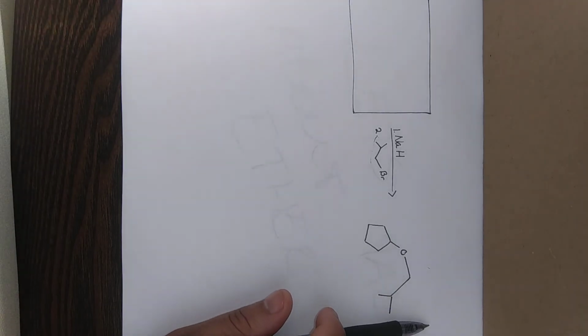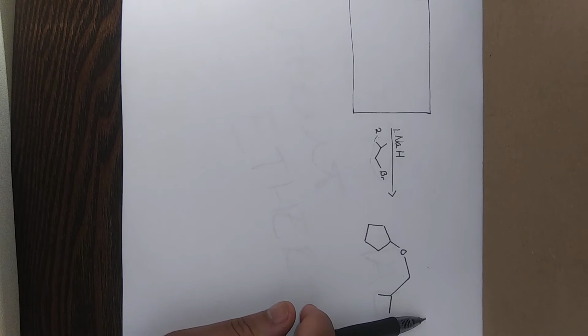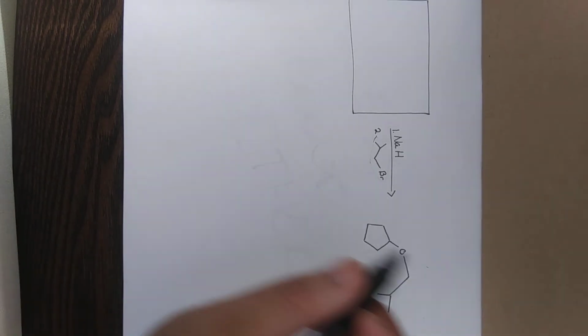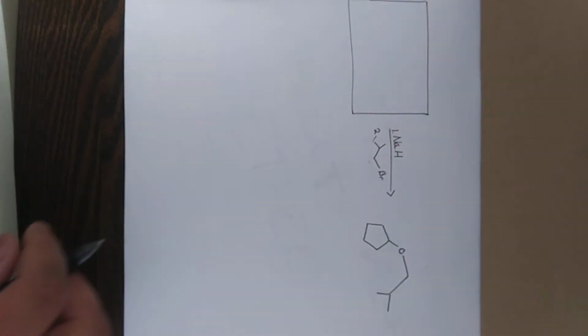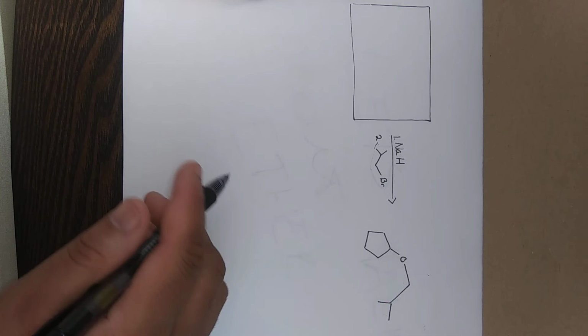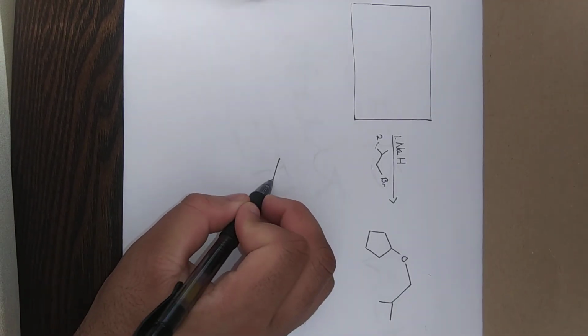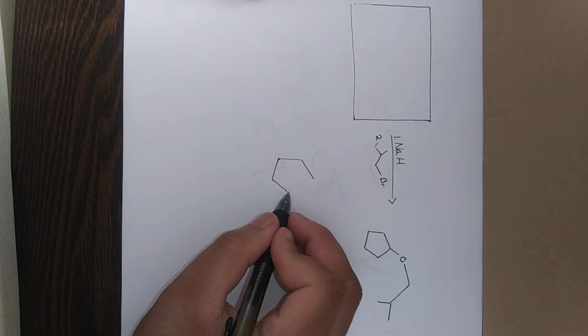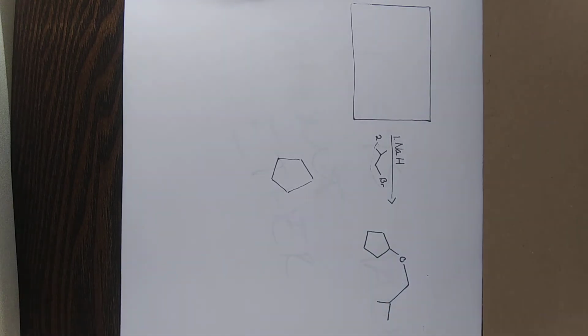So then we can reason, if that was the addition, the SN2 addition, what must have been there before? What the substrate must have contained before the bromine addition is a 5-member ring, much like this.